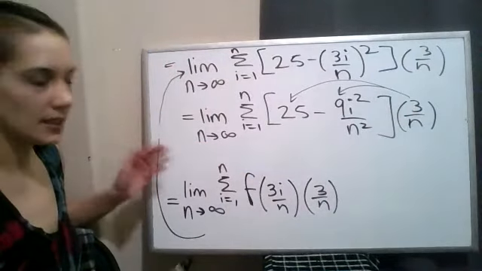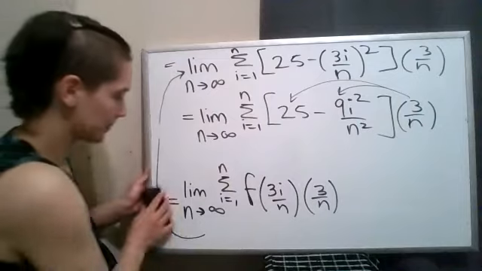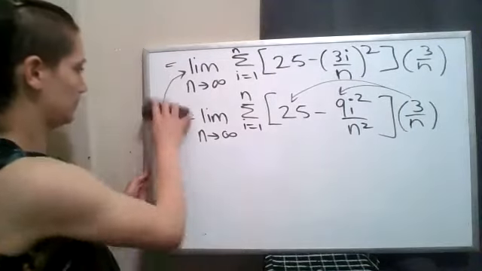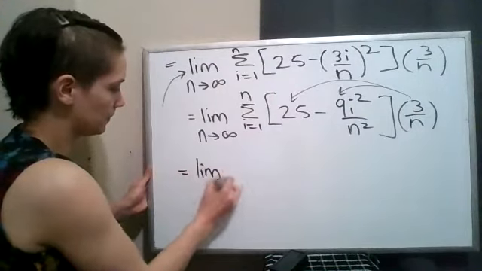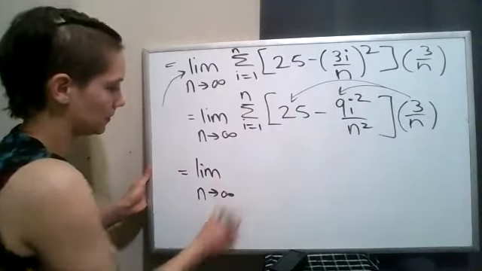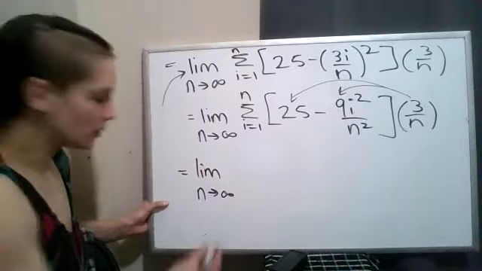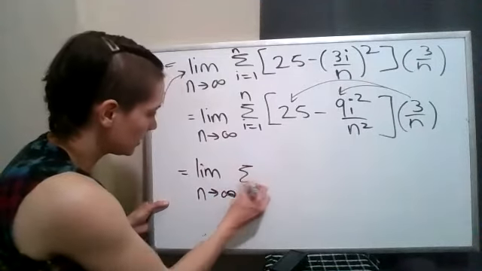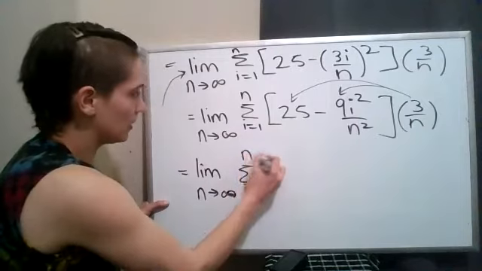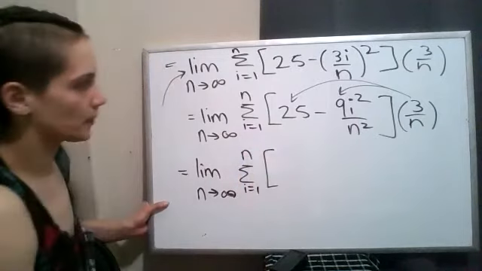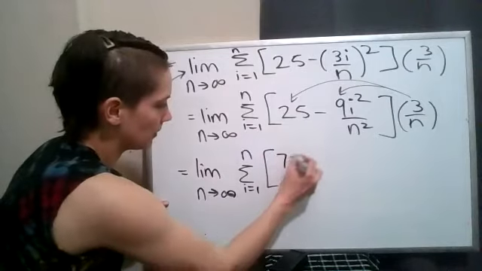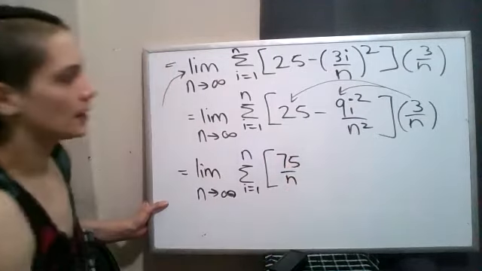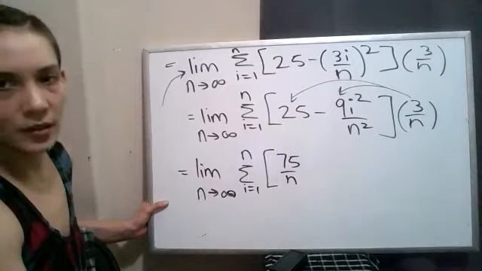So the limit as n goes to infinity of the sum from i equals 1 to n of 75 over n minus 27 i squared over n cubed.